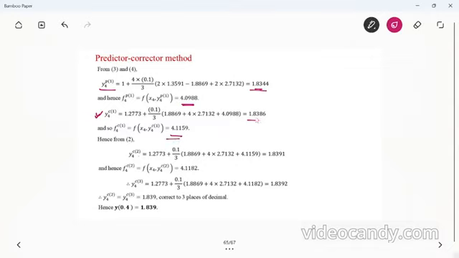Again, the corrector value and the predictor value are not equal, so we have to use the corrector formula again with the new functional value. These two corrector values are again not equal, so we improve our functional value again, and that is 4.1142.